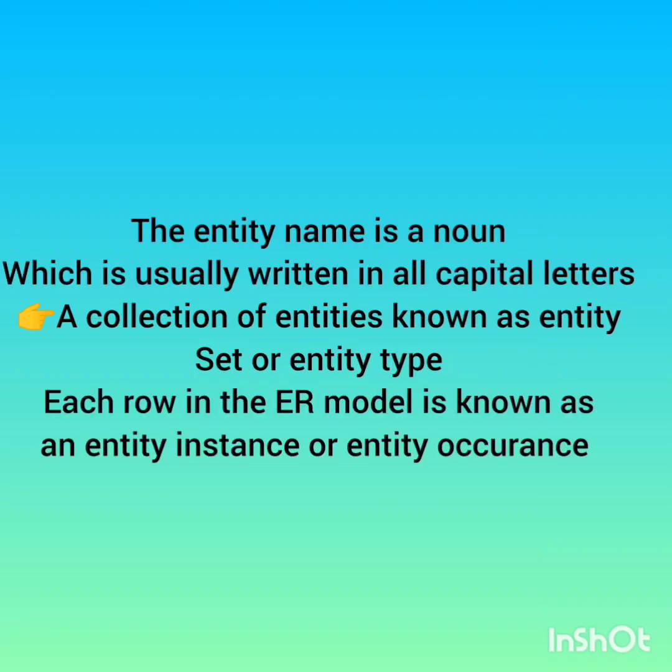The entity name is usually written in capital letters. A collection of entities is known as an entity set or entity type. Each row in the ER model is known as an entity instance or entity occurrence.